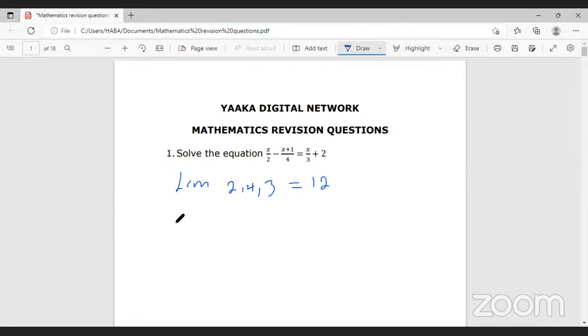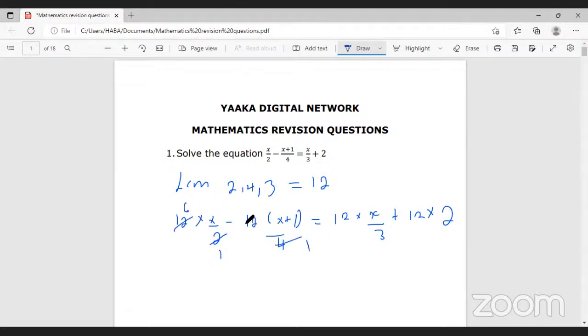So you're going to say 12 times x over 2, minus 12 times (x plus 1) divided by 4. By here is 1, by here is 6.